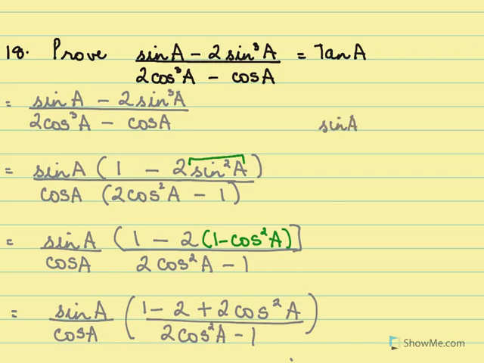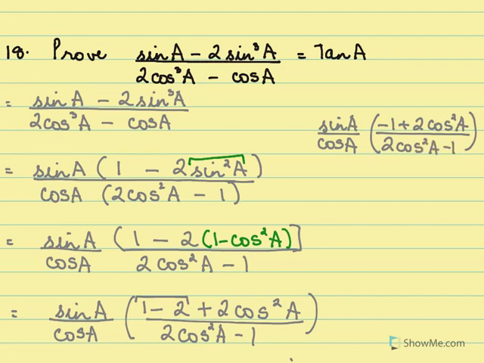Now let's do it further. Sine A over cos A. Now here I have 1 minus 2, and 1 minus 2 you know is minus 1, plus 2 cos square A over denominator 2 cos square A minus 1.